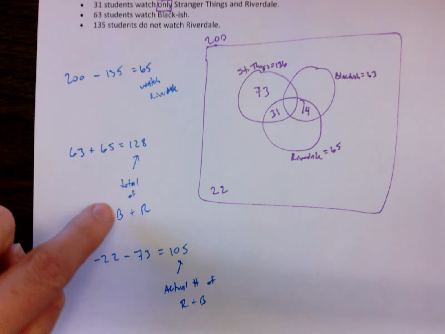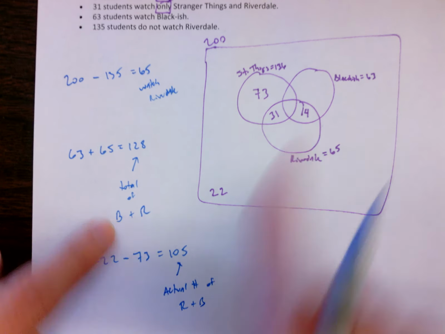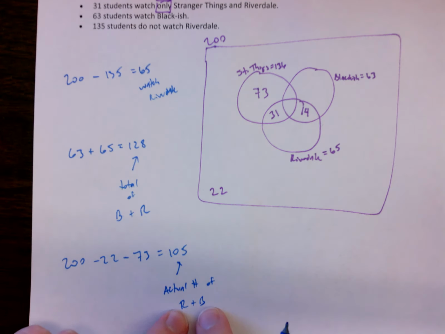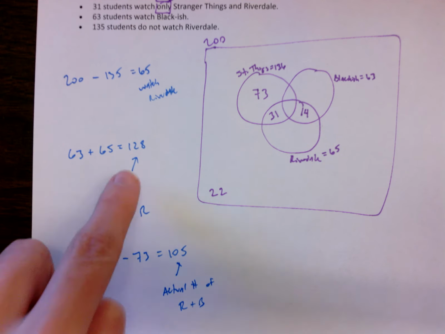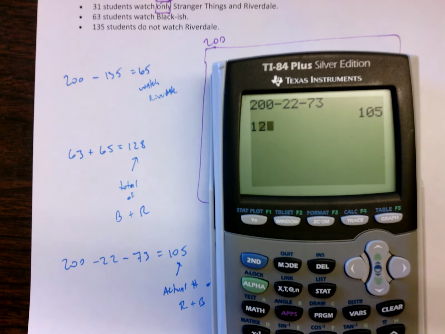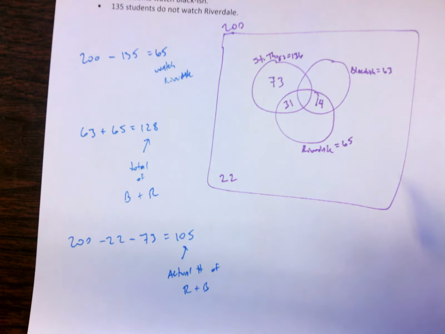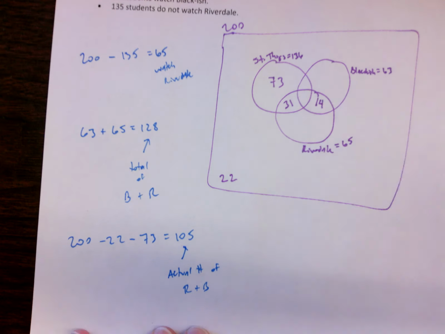Okay, so if you just add the two circles together, you're double counting those overlap people, right? So the actual number of people is 105. We've overcounted some people. How many people did we overcount? Let's find out. So 128 minus 105 is 23. 23 people have been overcounted because they were in both circles.